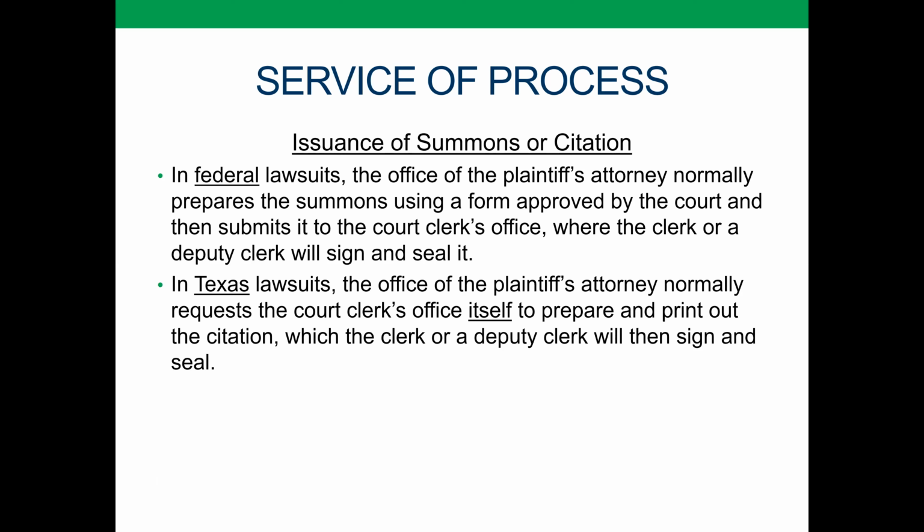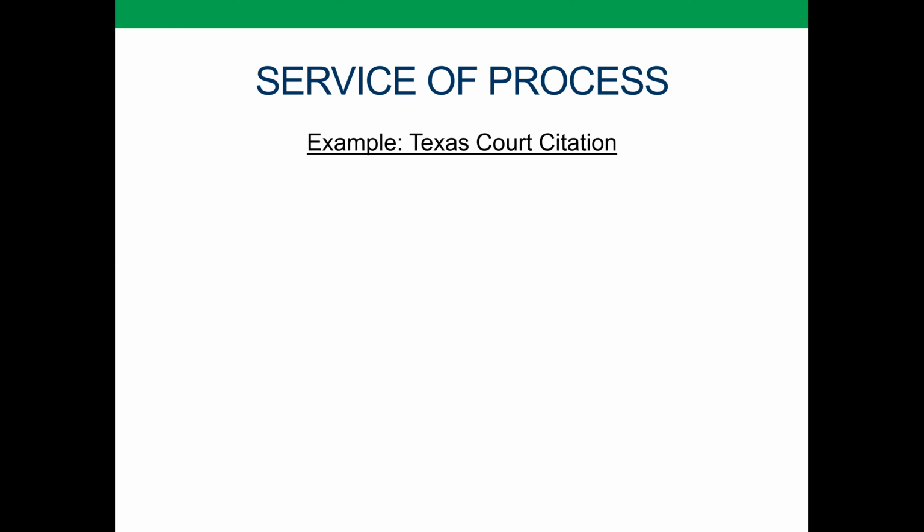But this is what is known as issuance of the summons or issuance of the citation. It becomes issued once the clerk has signed and sealed it. And that means it is now ready to be delivered to the defendant.